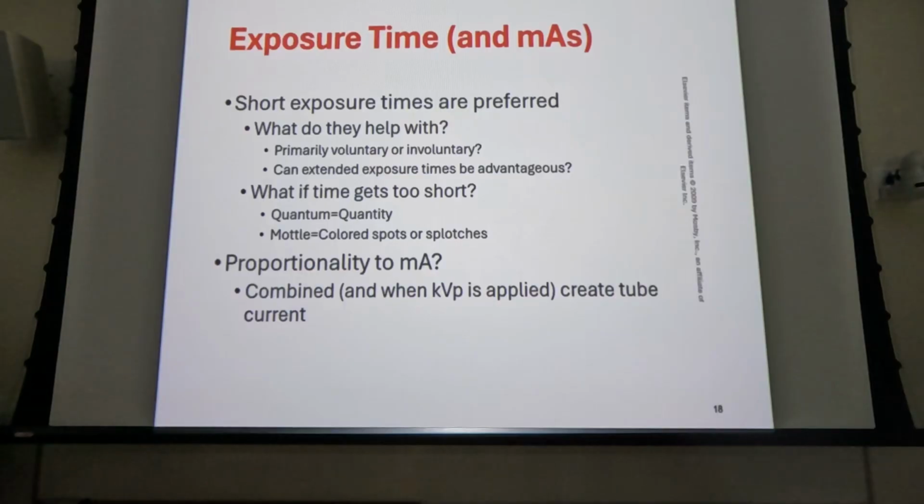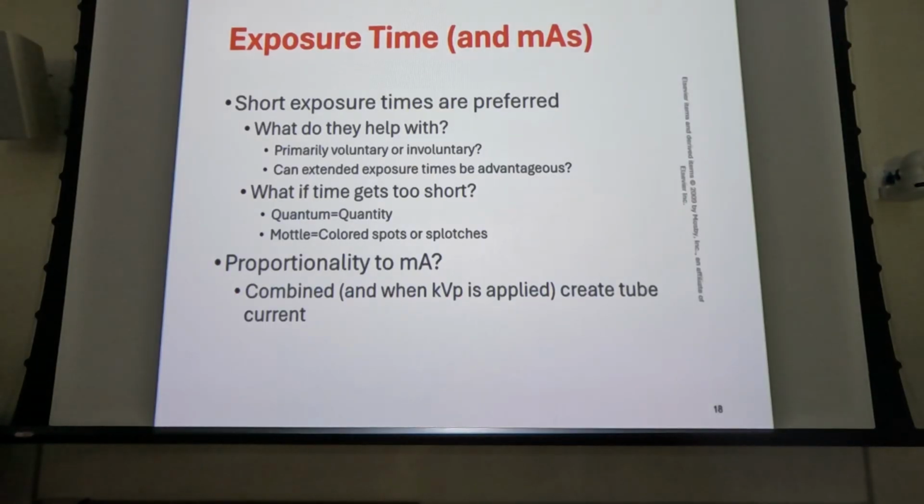If our mass gets too low, we potentially could introduce quantum mottle. I really think that that's kind of gone the way of the dodo bird. It's still testable, but I think our image receptors are responsive enough that you almost can't get too low of a mass unless you expose something really big with way too little mass.